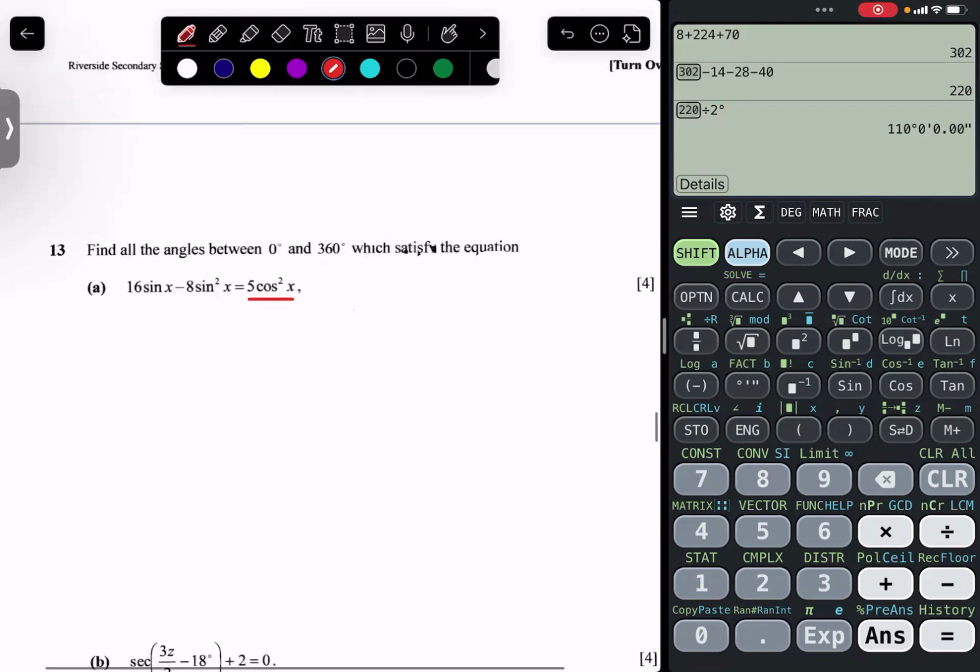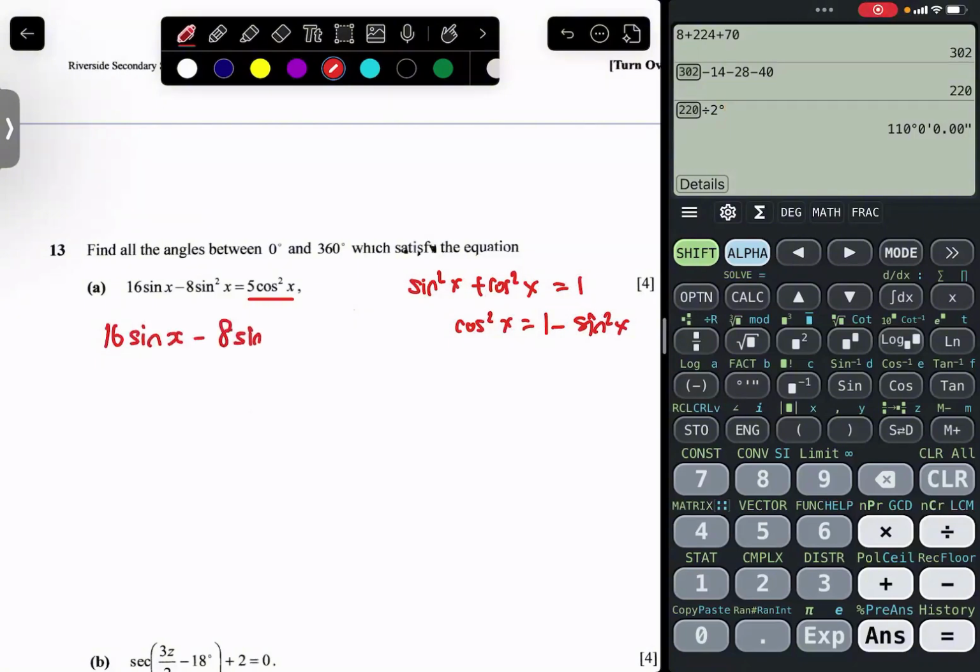So we can use sine squared x plus cosine squared x equals 1 to deduce that cosine squared x is equal to 1 minus sine squared x. So we'll have 16 sine x minus 8 sine squared x equals 5 times (1 minus sine squared x). Do a substitution of it.